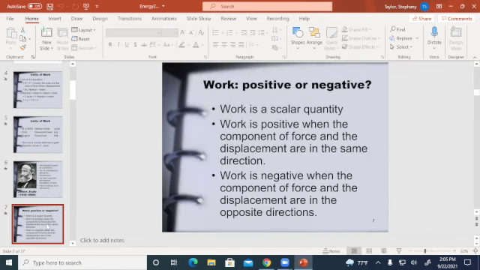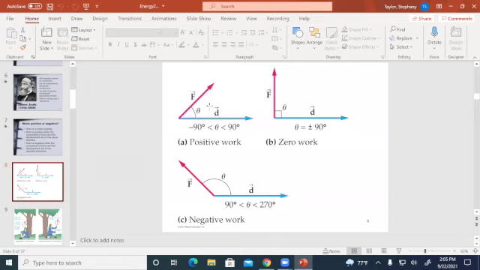Work is a scalar quantity. Work is positive when the component of force and displacement are in the same direction. And work is negative when the component of force and displacement are in opposite directions. We've already talked about acute and obtuse angles.